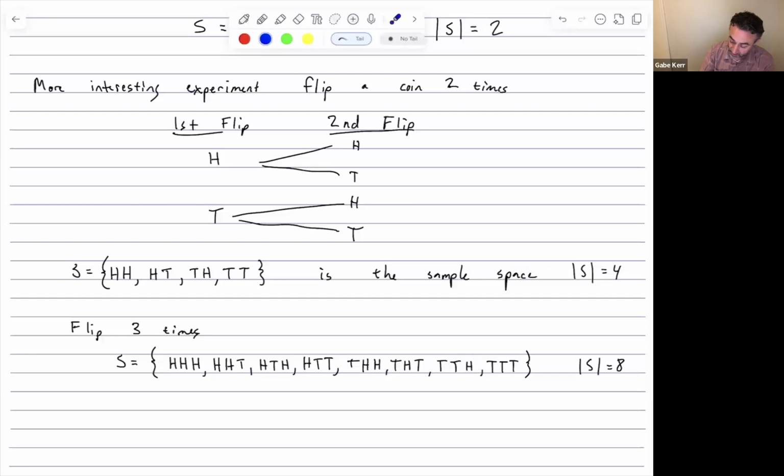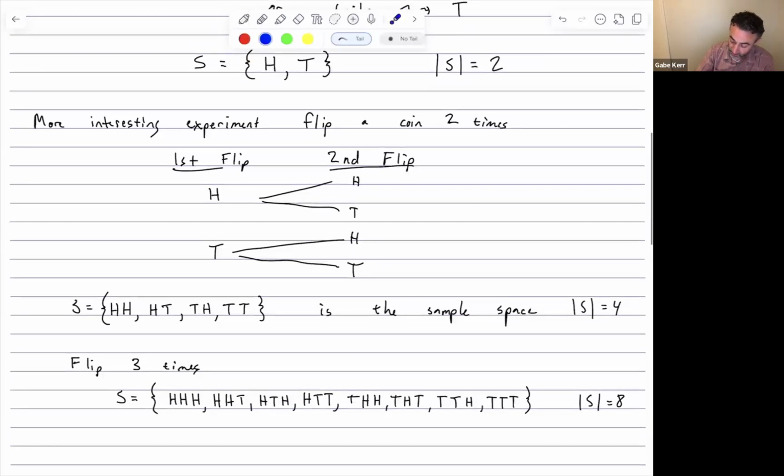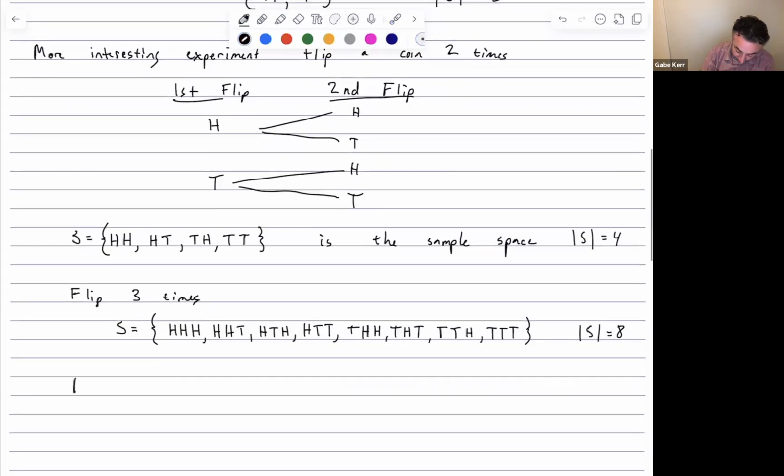And you might guess, looking at these numbers, 2, 4, 8, that if we flip n times, then the sample set will have 2 to the n possible outcomes. So the sample set gets bigger and bigger, exponentially large, in the case of flipping a coin. Each time we add an additional flip, it doubles.